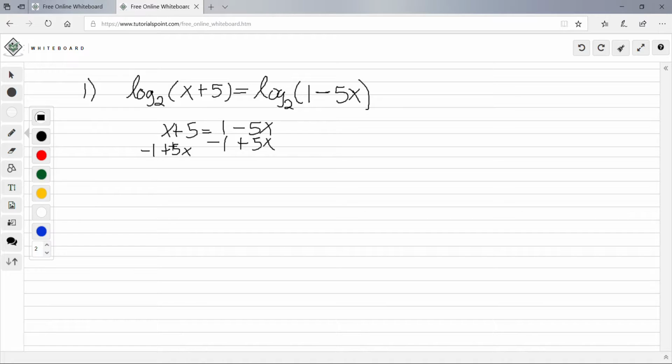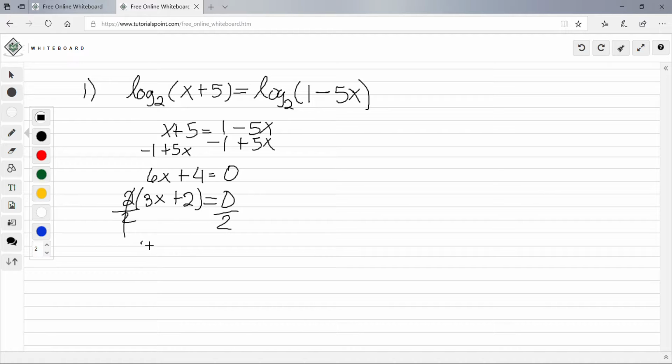On this side we have x plus 5x, so that's 6x, and 5 minus 1 is positive 4, equals 0. Then I can factor out a 2, so that's 2 times 3x plus 2 equals 0, and divide both sides by 2.